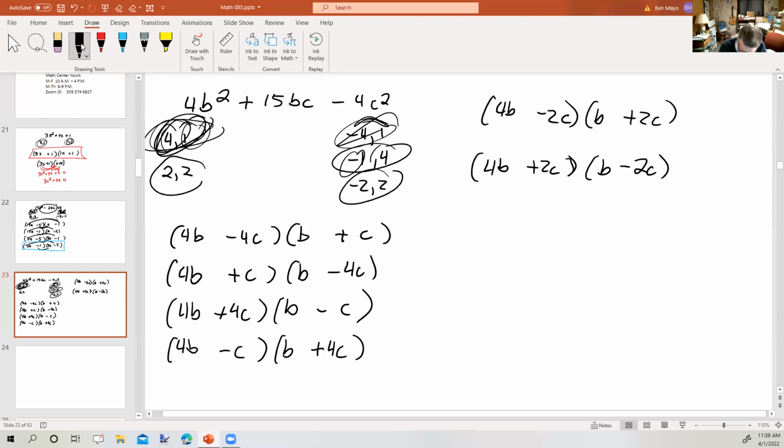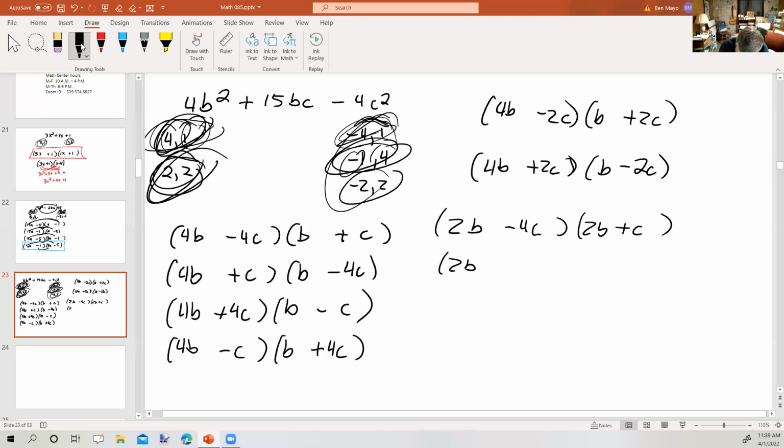Because what about this with all of those instead? Well, this would be 2b minus 4c plus 1c. Since these are the same, switching these around wouldn't make anything different. So then I've got this with this, which is 2b minus 1c plus 4c.